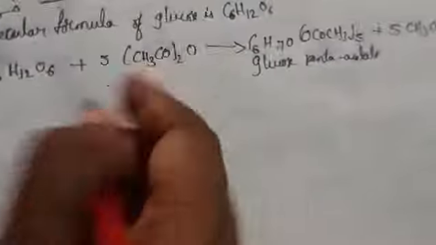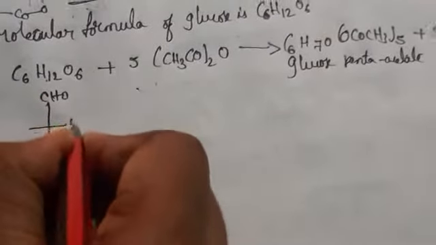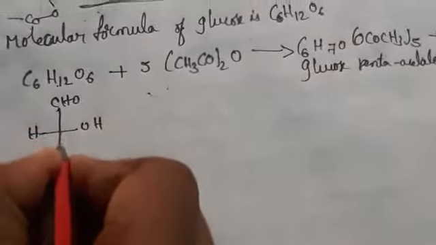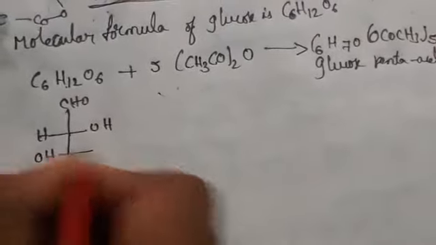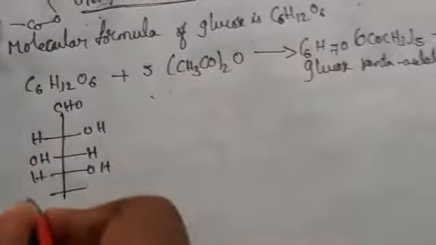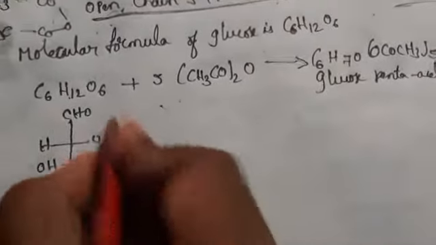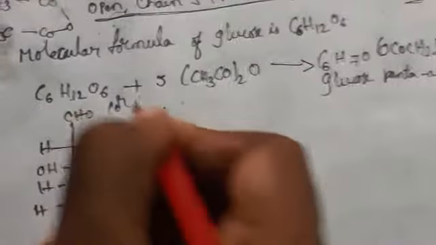This can be written as CHO, OH, H, in the middle C, OH, H, HOH, HOH, and CH2OH. This one can be written like this also.